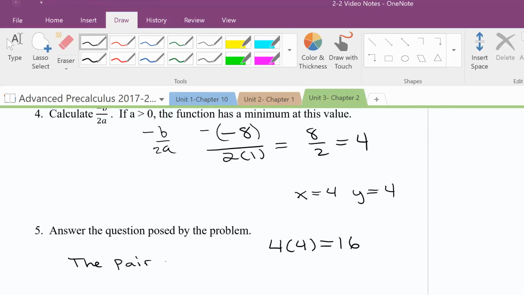So the pair of numbers are 4 and 4, and the minimum product is 16.